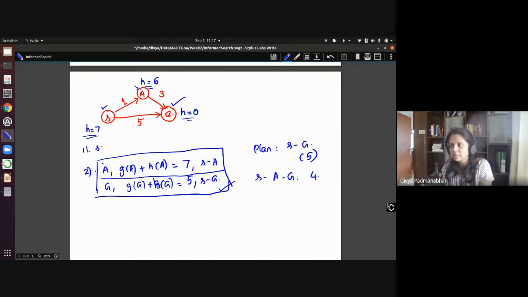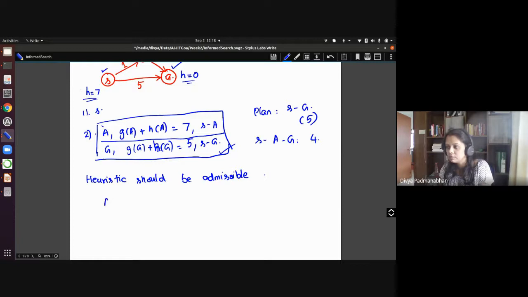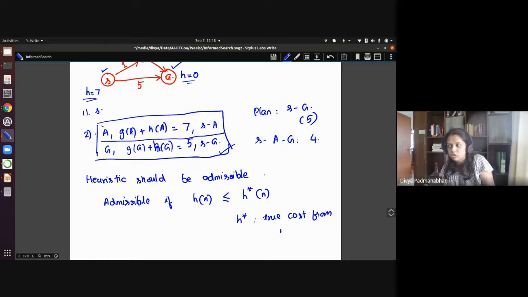So the property that you want to satisfy is that the heuristic should be admissible. What does admissible mean? Let me just write it. A heuristic is admissible if h of n for any state n is less than or equal to h star of n, where h star is the true distance or true cost from n to a goal.